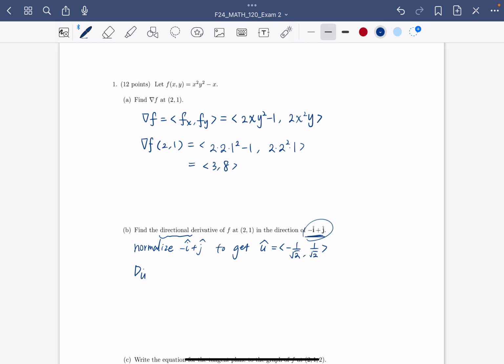And the directional derivative of f is exactly the dot product of u with gradient f.